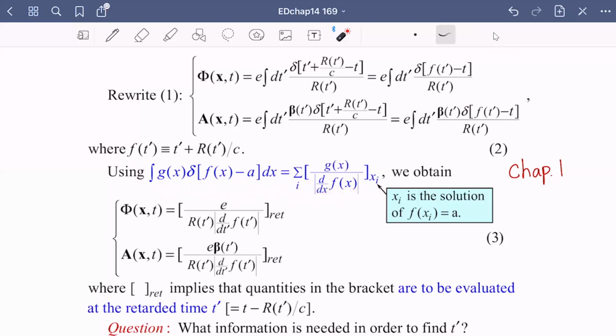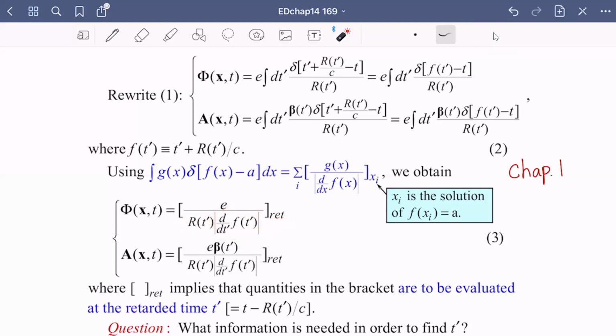So eventually, phi is 1 over R of t prime, evaluated at the retarded time.